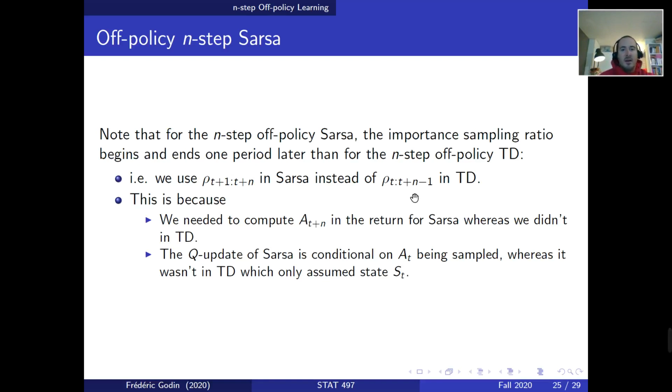Whereas for TD, action A_{t+n} was not part of the target. The target considered only actions until t+n-1. Okay, so this explains why the importance sampling ratio is slightly different in the n-step SARSA method than for the n-step TD method.